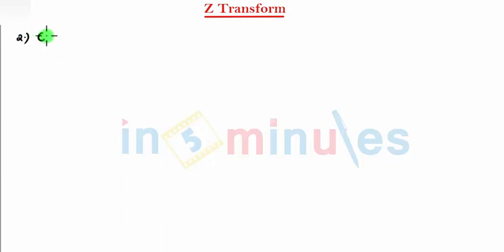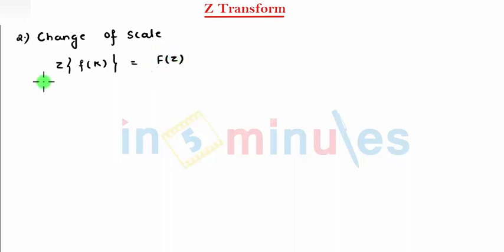We'll start with the next property, that is change of scale. What is exactly change of scale? We know that Z of f of k can be written as F of z. So therefore, if it is Z of a raised to k into f of k, this a raised to k will be acting as a scaling factor.